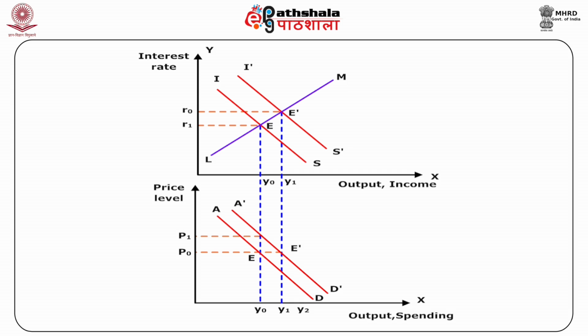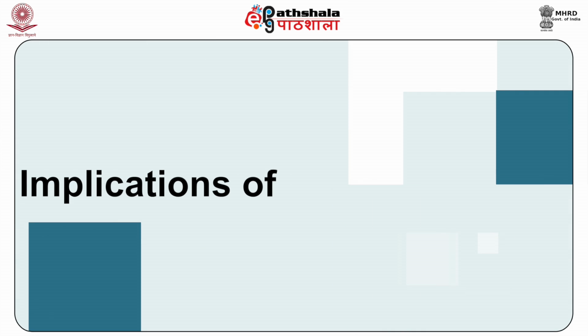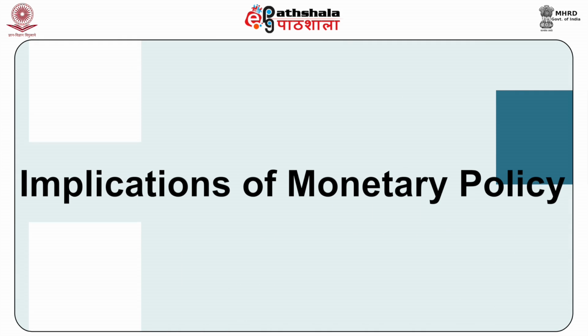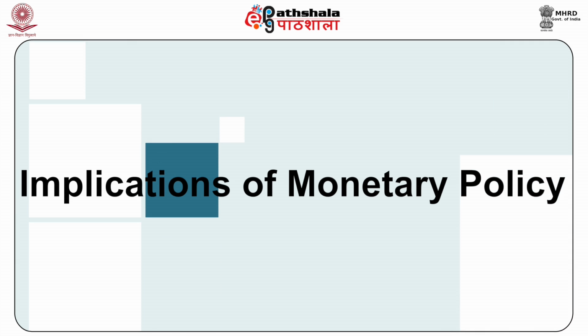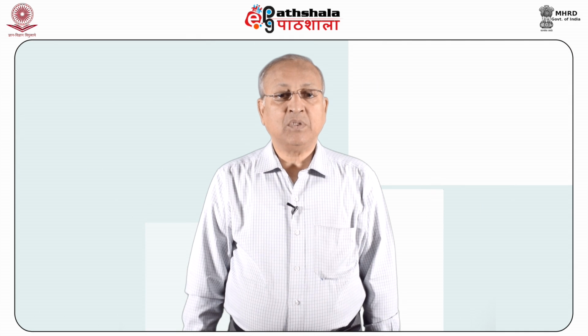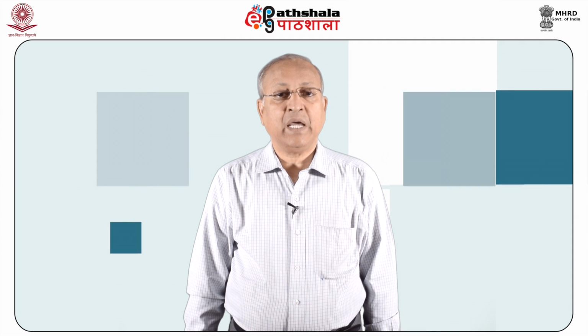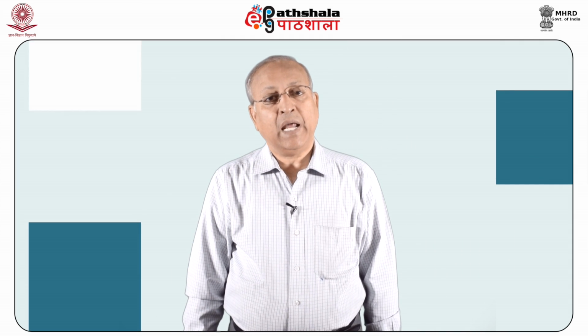So in this way what we see is that with expansionary policies, if the government expenditure increases, aggregate demand does increase, the level of output does increase, but this has an implication for the price level as well. This is the implication of fiscal policy. In terms of monetary policy, once again we look at the IS and the LM functions.